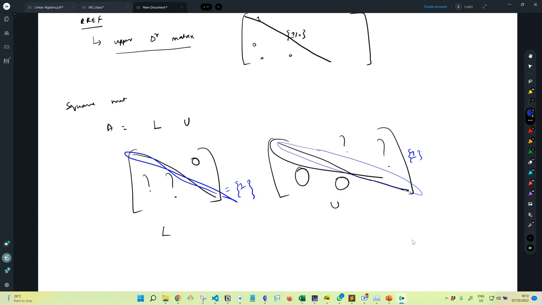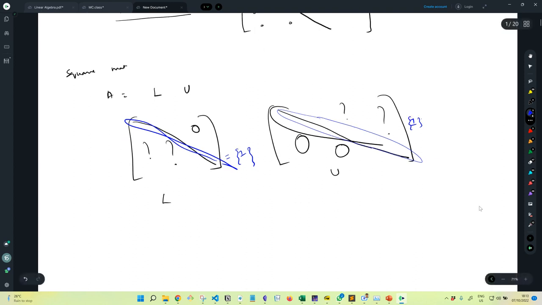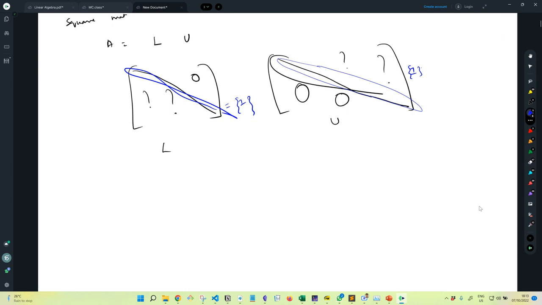That's a constraint. Fine. So you can definitely have lower and upper triangular matrices, and you can choose which diagonal you want to have elements that are not equal to 1 or 0. But at least one of these two diagonals will be all ones, right? Now let us go to the question.